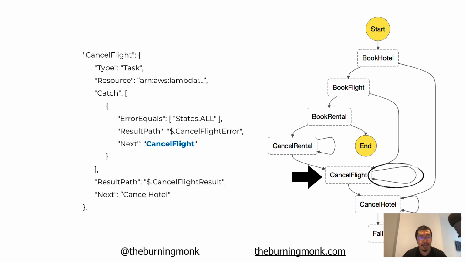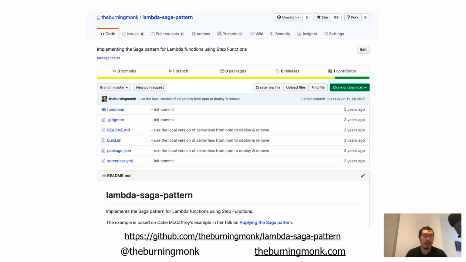But in practice, you probably have a number of attempts. So you use a retry to say retry this for say 10 times, and if it still fails, then go to some state where it sends out some notification to a human operator to actually go and do something about it. The code for this particular example is available on GitHub, so feel free to go and play around with it yourself.